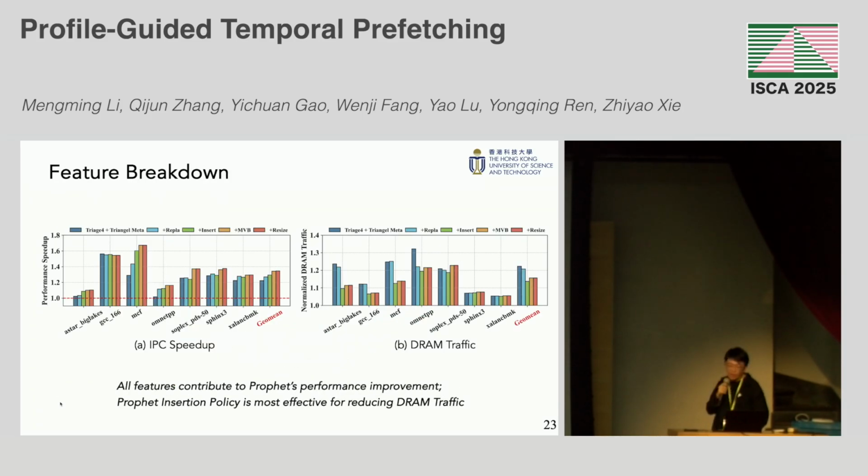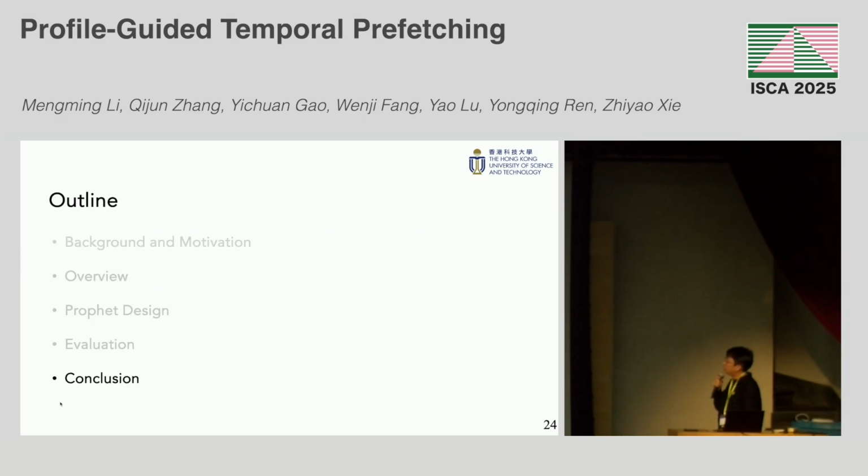We also evaluate individual features proposed by Prophet, like the insertion policy, replacement policy, and another runtime feature which we don't cover in our presentation. And we find that all features contribute to Prophet's performance improvement. And the Prophet insertion policy is most effective for reducing DRAM traffic.